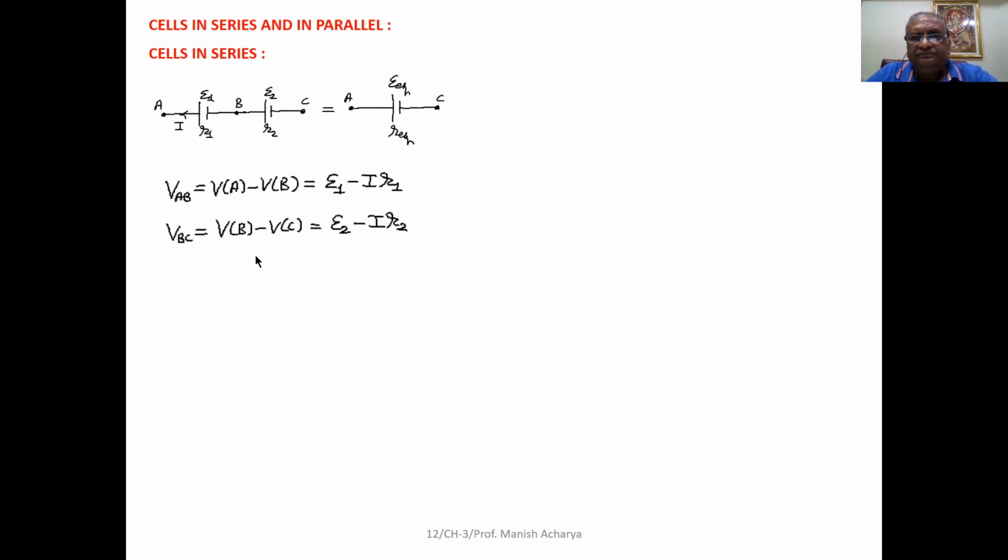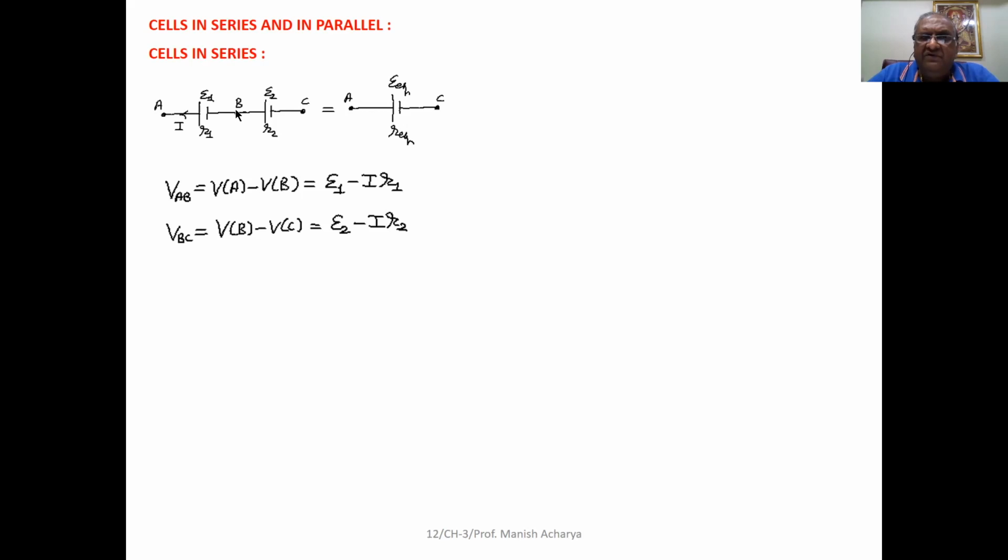Now, suppose here we take the terminals A, B, and C as shown in the figure in this connection. Then the potential difference between A and B, VAB, equal to VA minus VB, we can write as E1 minus IR1, because here the current I is flowing through the cells.